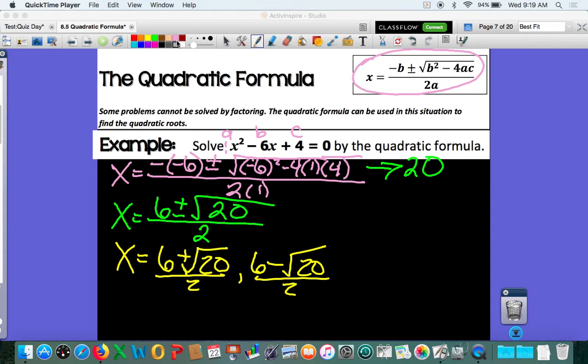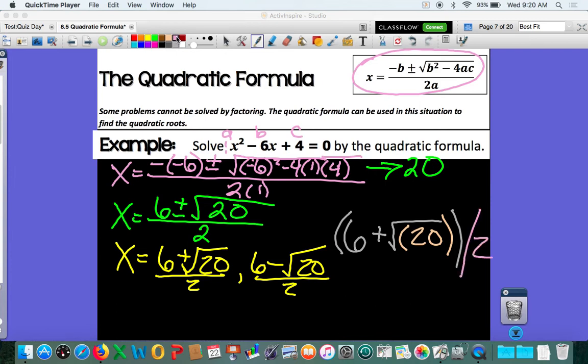You will put a parentheses, 6 plus square root, and then with that square root you'll have a parentheses, 20, close that parentheses, close the second parentheses again, and then divide by your bottom, which here is 2. That's to get this positive one. Then you'll go back and change the positive to a negative and get the second answer.